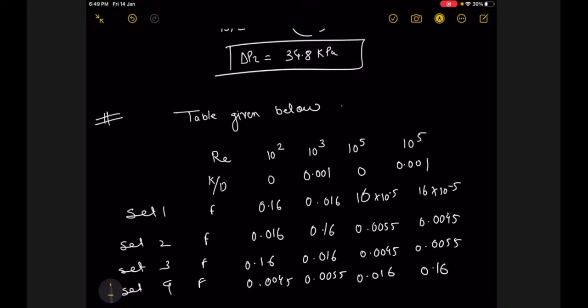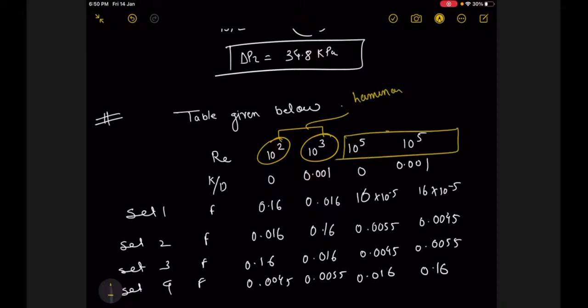So here if you see, the Reynolds number is low, so these two are laminar flow. And here you see it is turbulent flow.